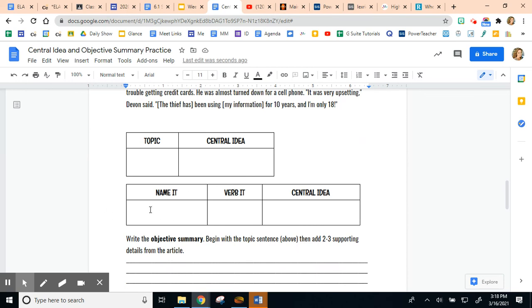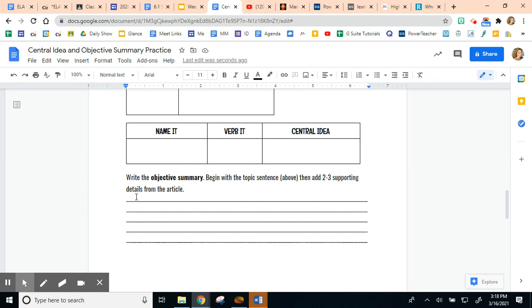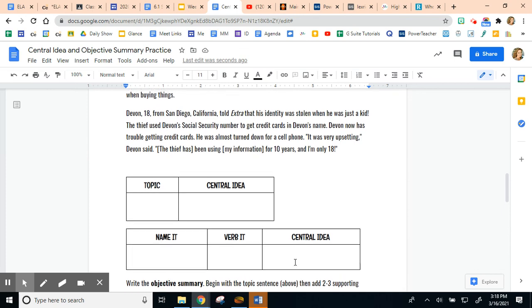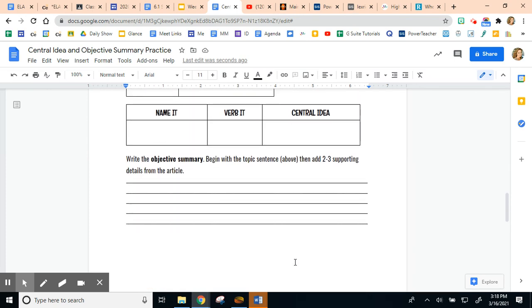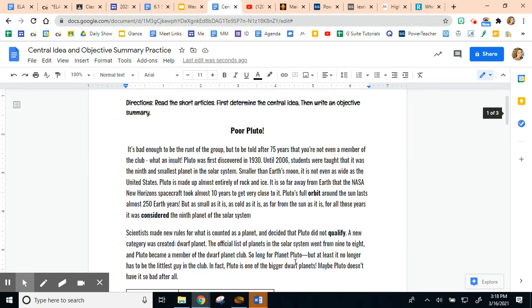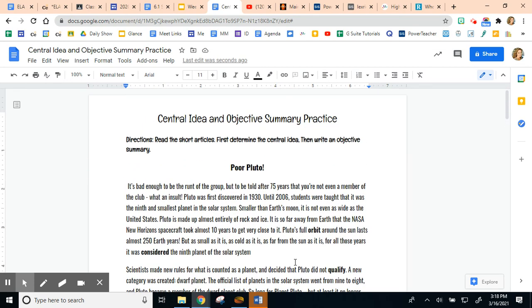Then I want you to do your topic sentence organizer, name it, verb it, and then put in that central idea. And then you're going to start your objective summary with that topic sentence. And then you're going to find 3 details from the article that support the topic sentence for your objective summary. And when you're done with this, I want you to raise your hand so that I can come by and take a look at your objective summary for the second article.